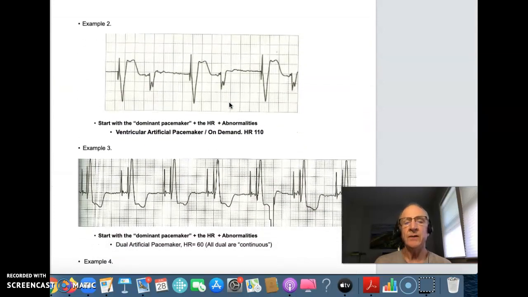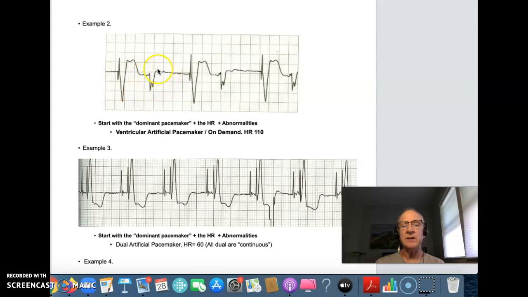We go to the next quiz question and they give you this ECG. You know it doesn't look normal. You also know that this is a pacemaker because you see the spike in the first beat and another spike in the third beat. So what you know is that this is a ventricular artificial cardiac pacemaker.